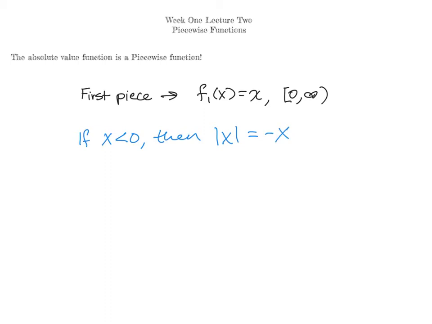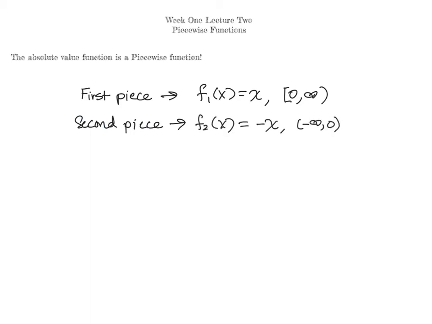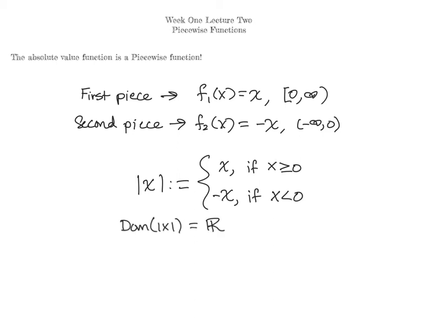This is our second rule, meaning that the other piece of the absolute value function is the function f2 of x equals opposite x, for negative infinity to 0. So if we put the whole thing together, it looks like this. Notice that the domain of the absolute value function is all real numbers, which is just the union of the domains of those individual functions we mentioned above.